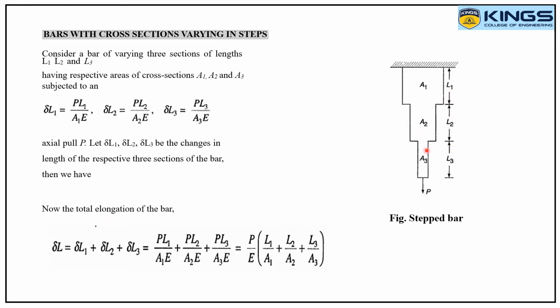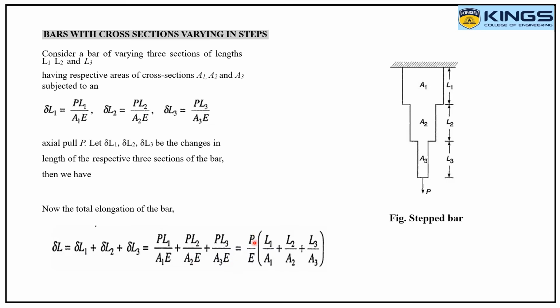So the total elongation of the bar will be del L, which is the summation of all 3 elongations, del L1, del L2 and del L3, which is equal to PL1 by A1E and similarly for cross section area 2 and cross section area 3.